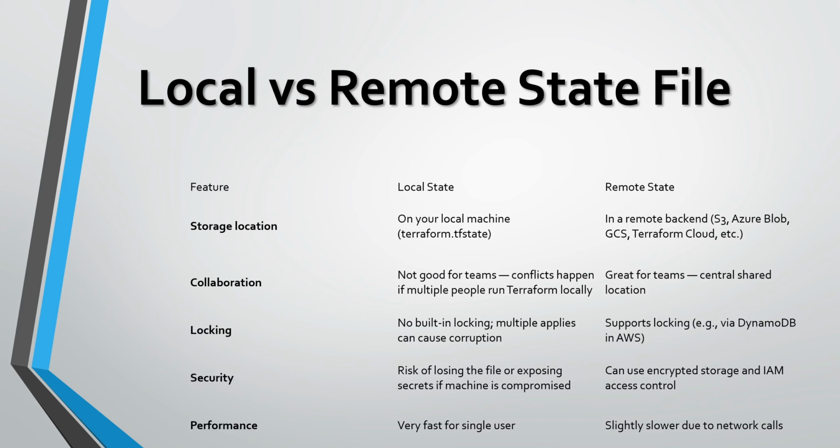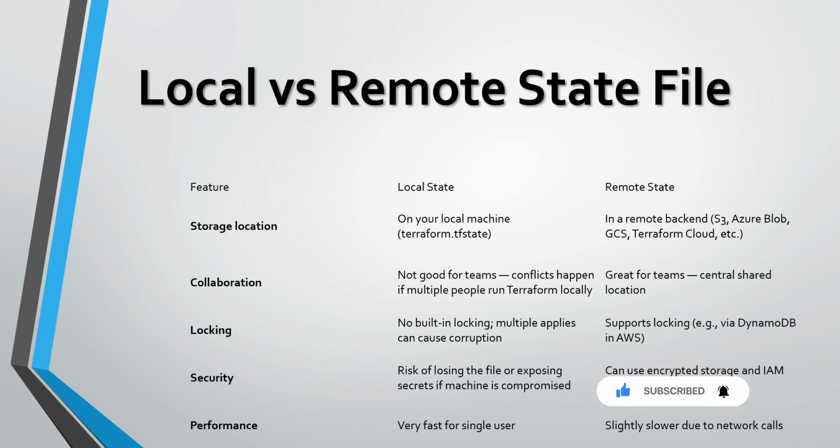As we discussed in the previous slide, you can store the Terraform state file locally or remotely. So we have two types of state files: local state files and remote state files. Let's take a comparison of those two. Storage location. If you are using a local state file, it will be stored locally on your machine, and its default name is terraform.tfstate.